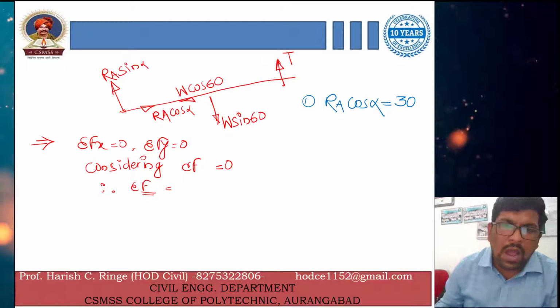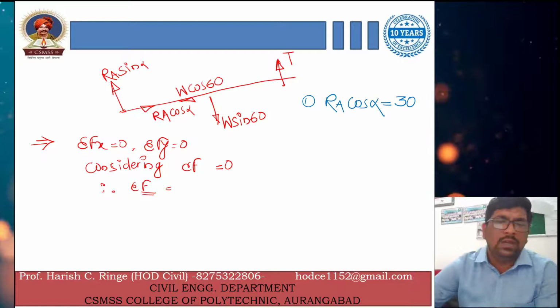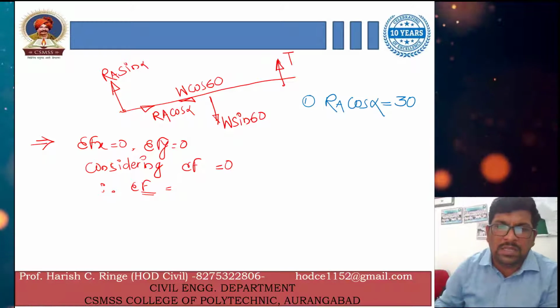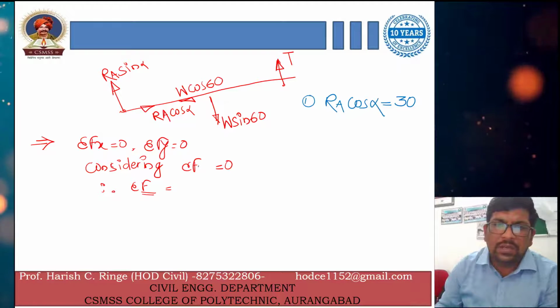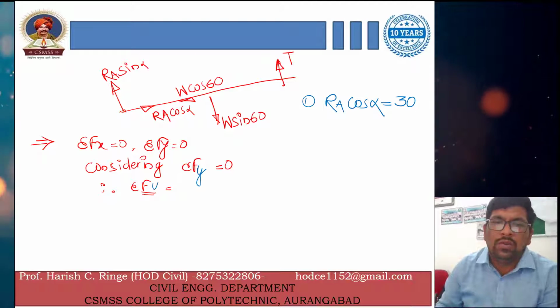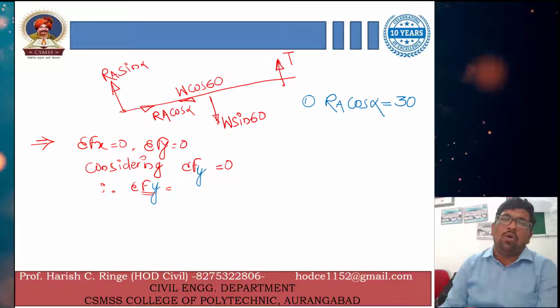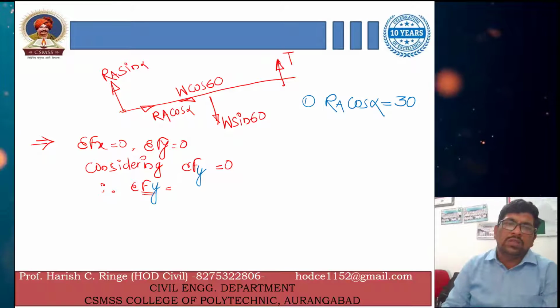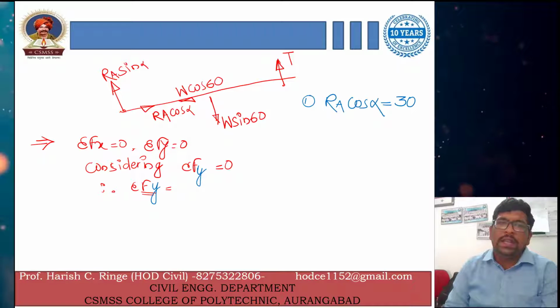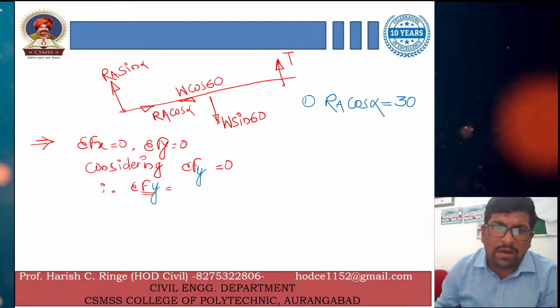Okay, so now again come to the next point, which is the summation Fy equal to 0. So what is summation Fy? Just consider all the values related to the vertical direction. So what will be the formula?